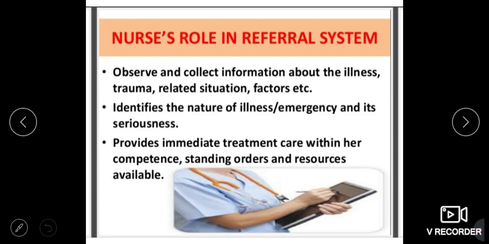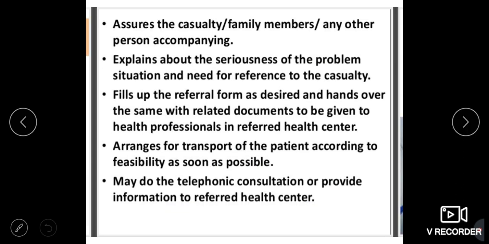What is the nurse's role in the referral system? Observe and collect information about the patient history, identify the nature of illness and emergency, provide immediate treatment care, then reassure the casualty's family members and any other person accompanying, explaining the seriousness of the problem, the situation and the need for referral.